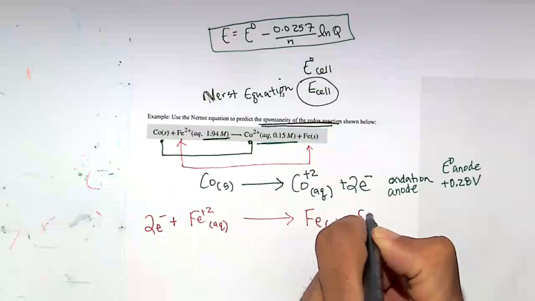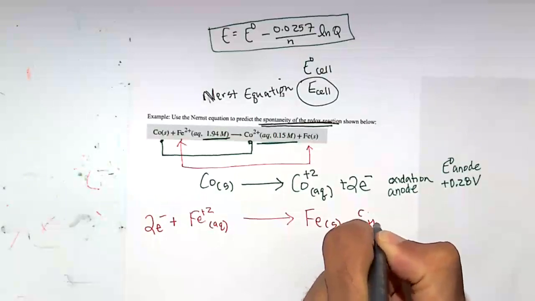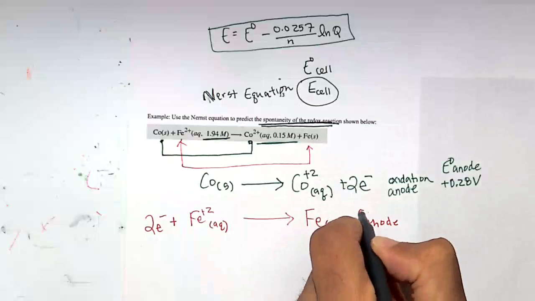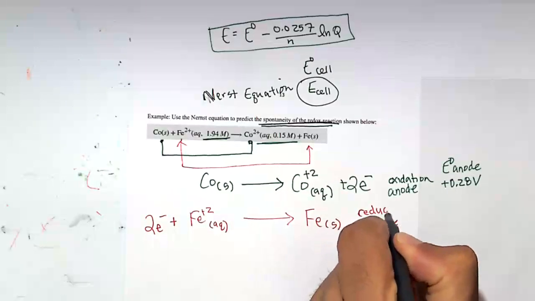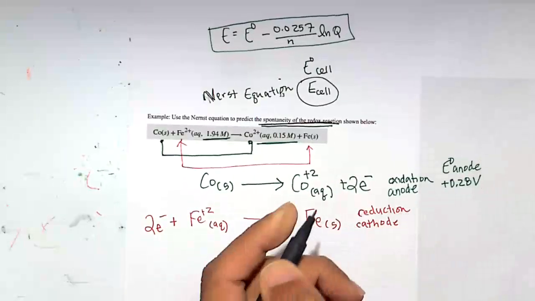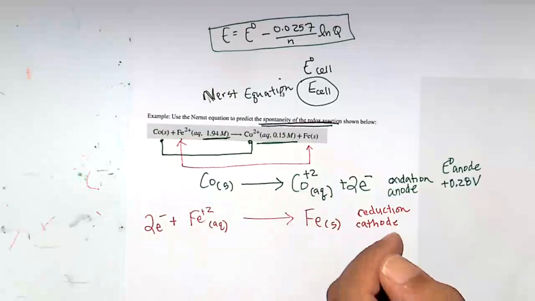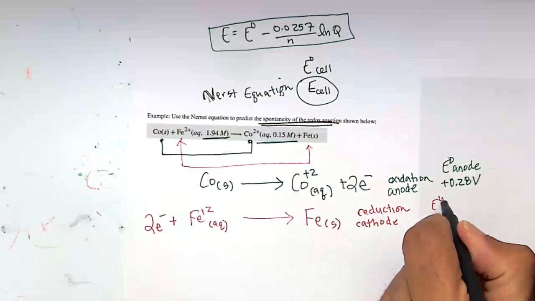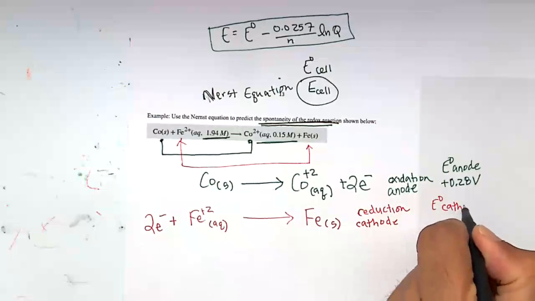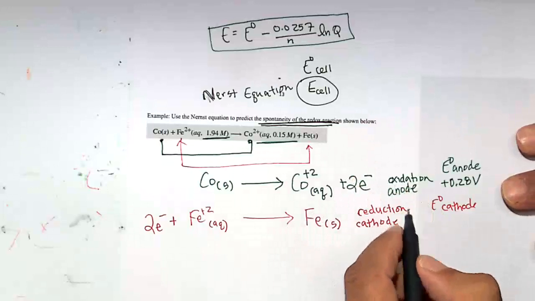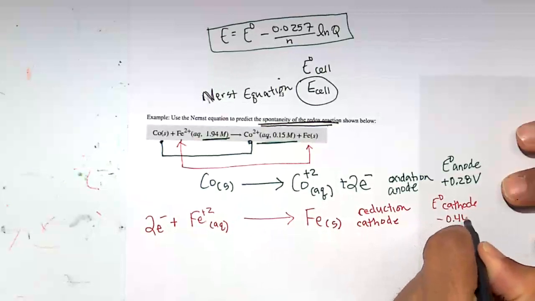And is this the anode or the cathode? Is this oxidation or reduction? So this is reduction. We gain 2 electrons. Reduction occurs at the cathode: red cat, reduction cathode. So we'll do E cathode, and that number is minus 0.44 volts.